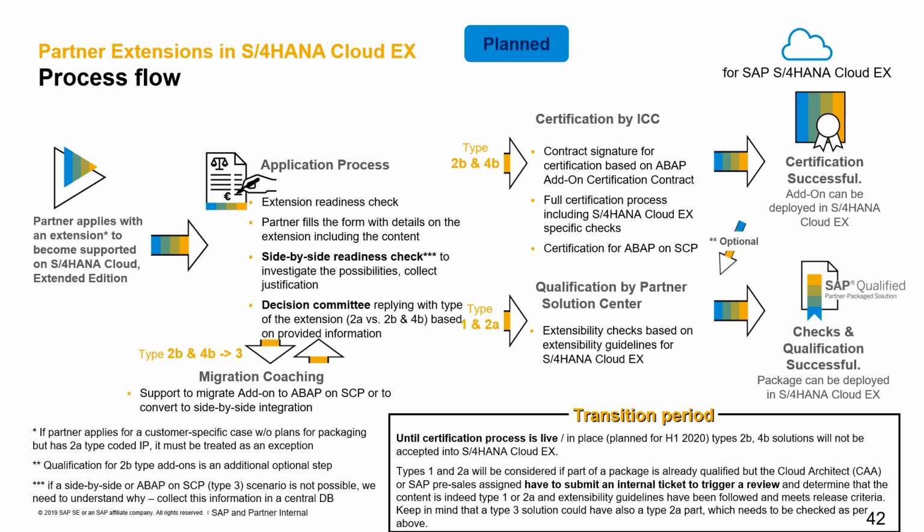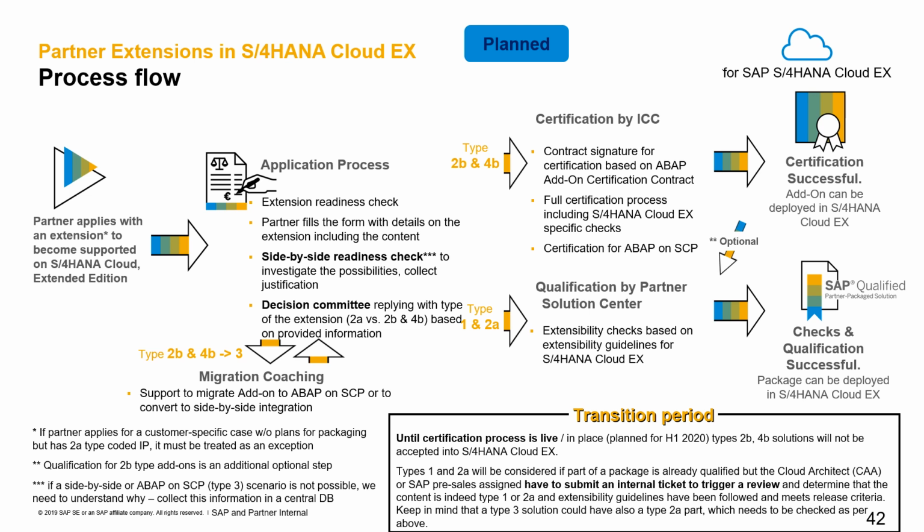If you're successful, then you'll be able to bring those extensions or add-ons into an extended edition environment. If not, they will not be qualified or certified, and you will not be able to use and bring them into S4HANA Cloud Extended Edition. Keep in mind that we do want to try and remain in the forefront that we want to have cloud-like qualities.